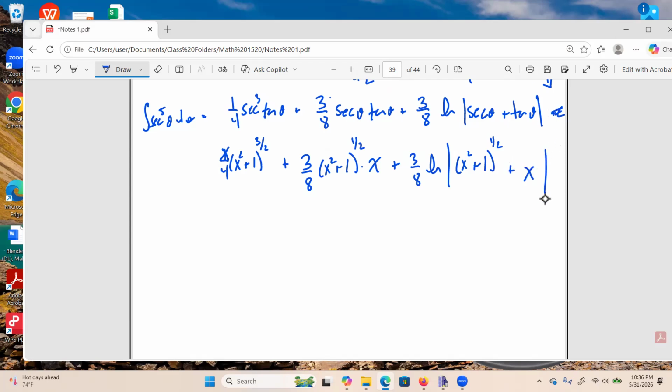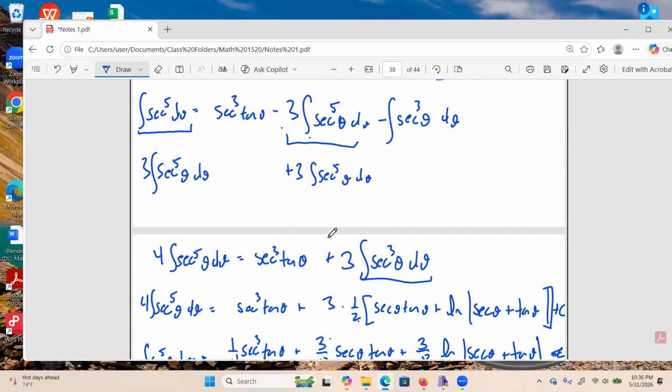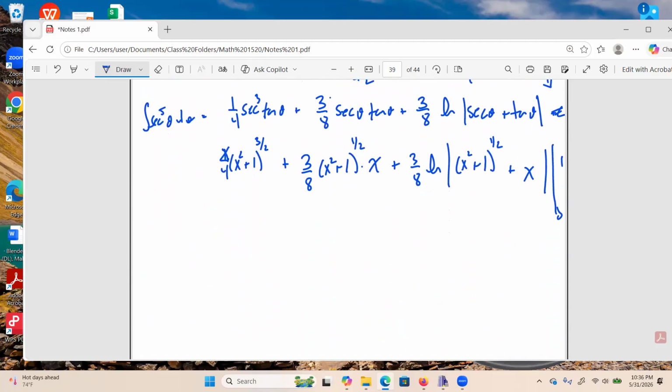Oh, it's not plus c. We're going from 0 to 1 because we had a definite integral, didn't we? Well, we did. Yeah, we sure did. Let's go all the way up there and plug in a 1.